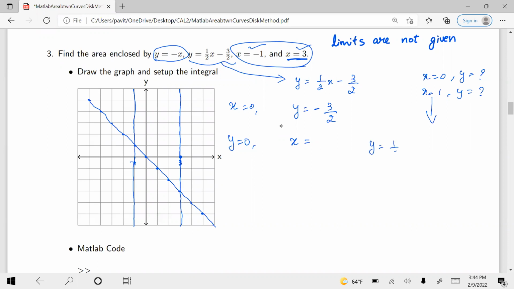So you have a formula here. Negative 3 half is for y.